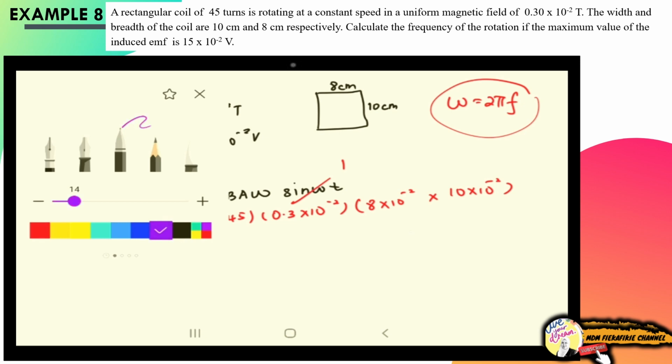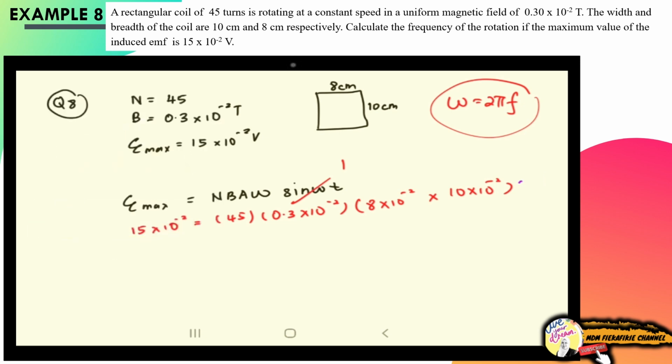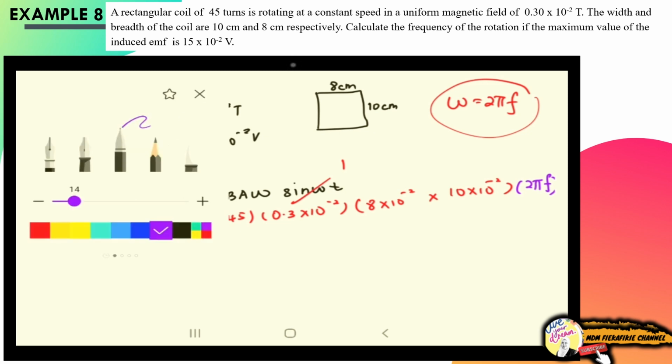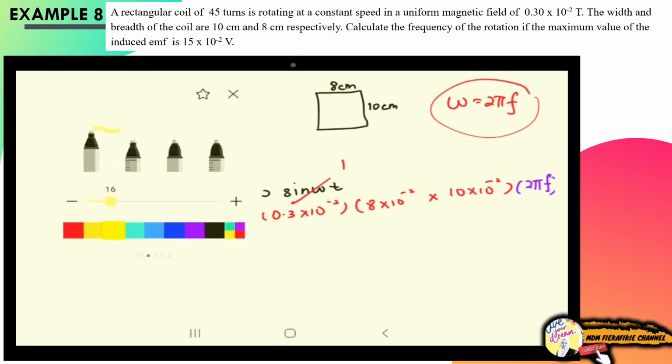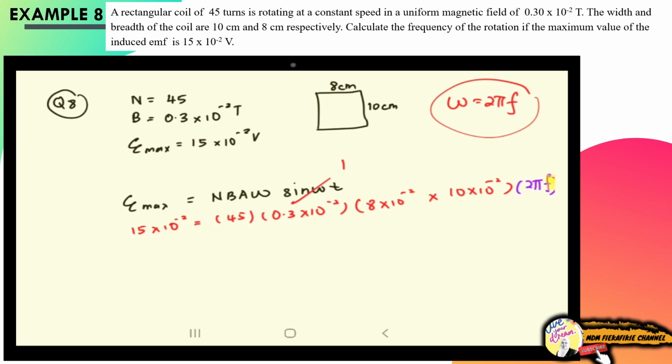You can straightaway substitute here and solve for f, the frequency. So the answer for frequency is equal to 22.1 hertz. This means the coil is rotating with a frequency of 22.1 hertz.